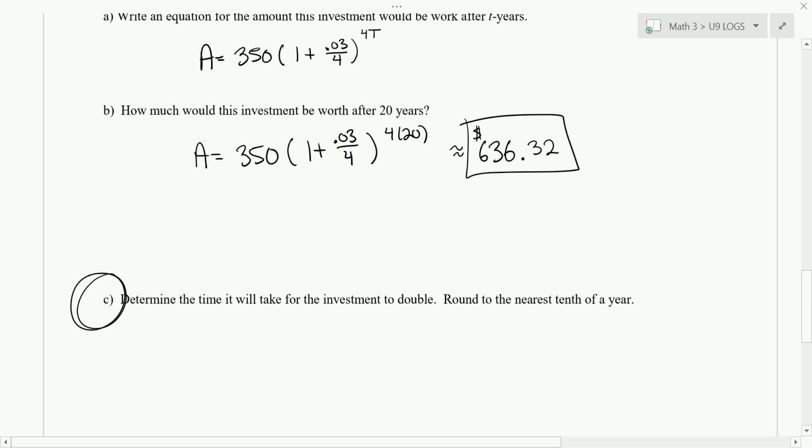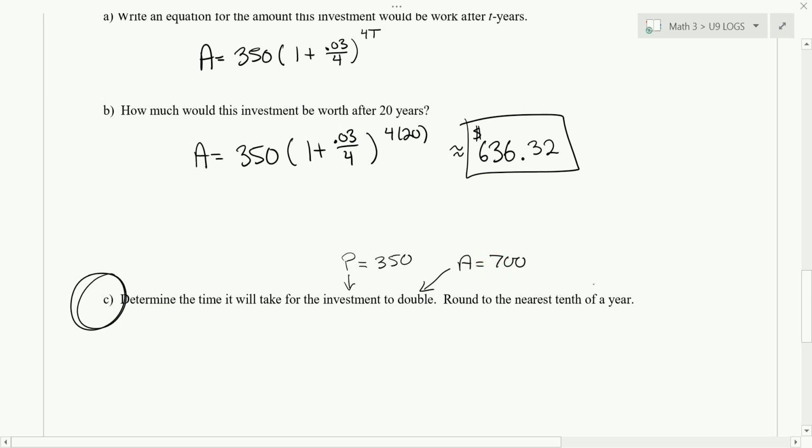Now part C is now our Math 3 level type question. Okay. So determine the time it takes for the investment to double. Our investment is P, which is how much? 350. And if we're going to double our investment, that's the amount we want, which is going to be $700.